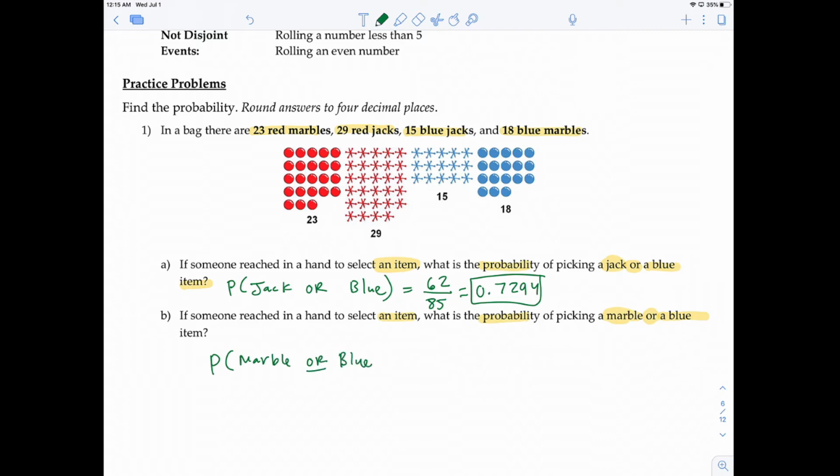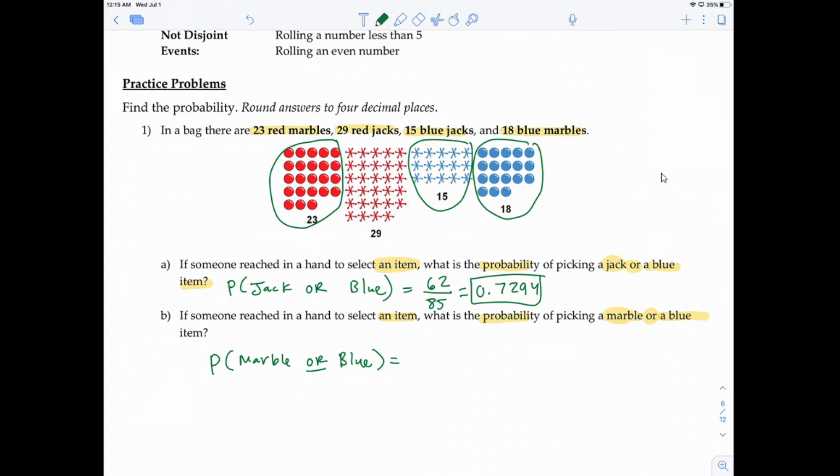How many different ways can we get a marble? These guys are marbles. And then blue items: we have these blue jacks, and we're not going to double count the blue marbles because those were already accounted for when we were counting the marbles.